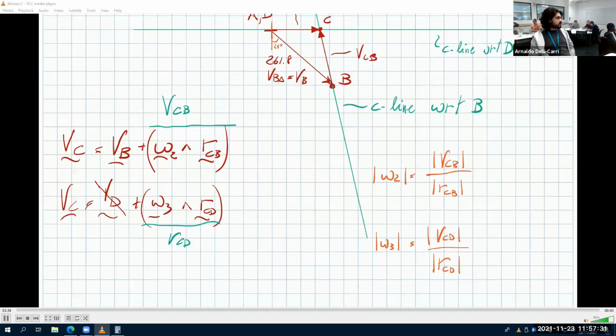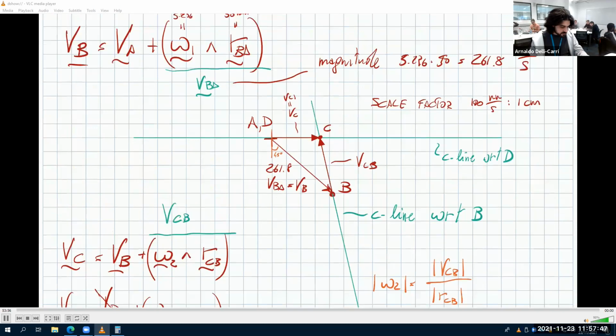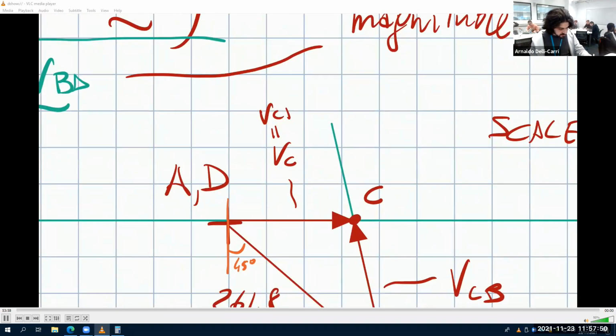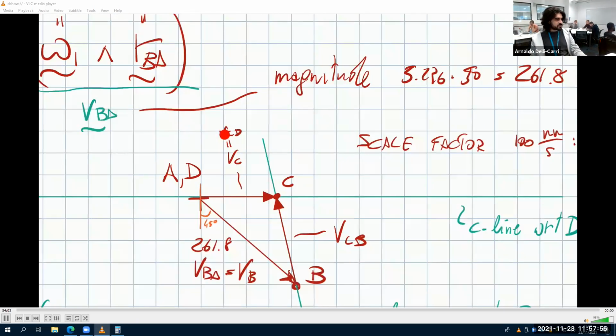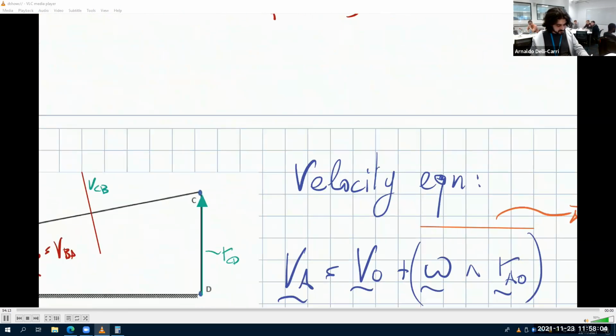Very easy. Now, since you know these, the only thing that's left is the orientation of omega-2 and omega-3. Do we know if it's clockwise or counterclockwise? Well, that's also easy, and it's also in this equation. VCD is this vector here. So VC, the velocity of C with respect to D, as if D was fixed, which it is, that's why they are exactly the same, is this.